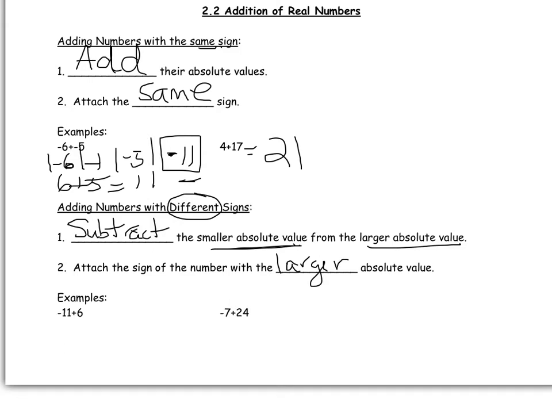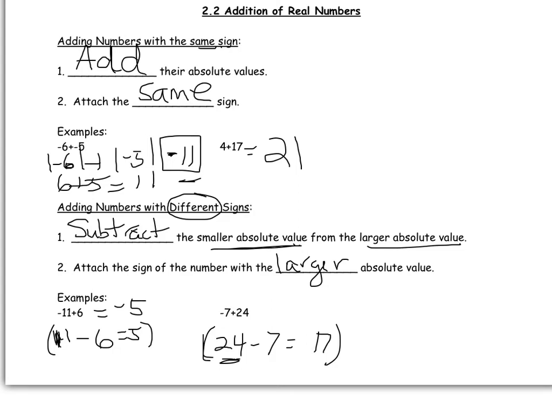For example, negative 11 plus 6 equals negative 5, because the larger absolute value is the negative 11, so 11 minus 6 gets you 5, and negative 11 has the larger absolute value, so it's a negative 5. Same thing here: negative 7 plus 24, you think of as 24 minus 7, which gives you 17. 24 has the larger absolute value and is positive, so the answer is positive 17. All right, let's flip the page.